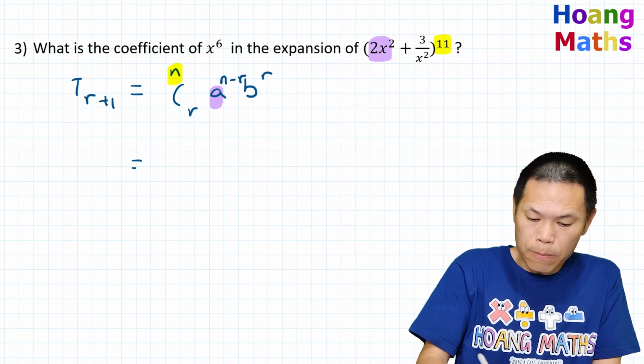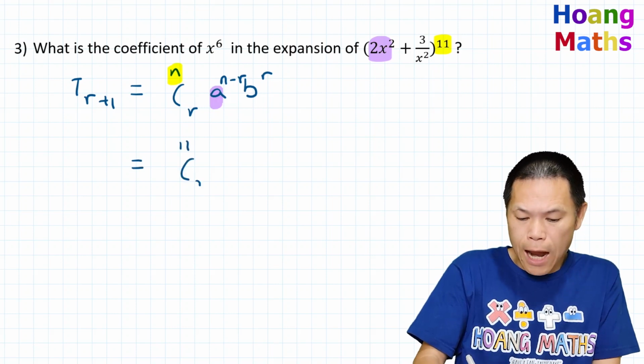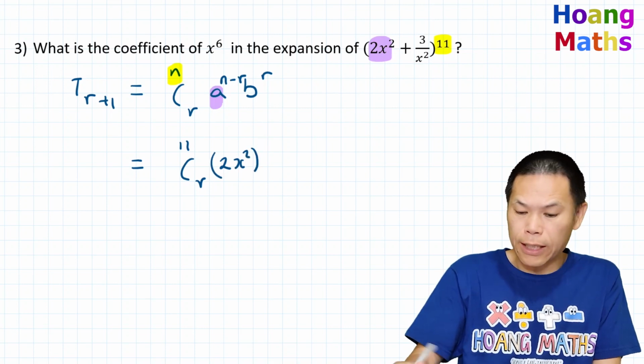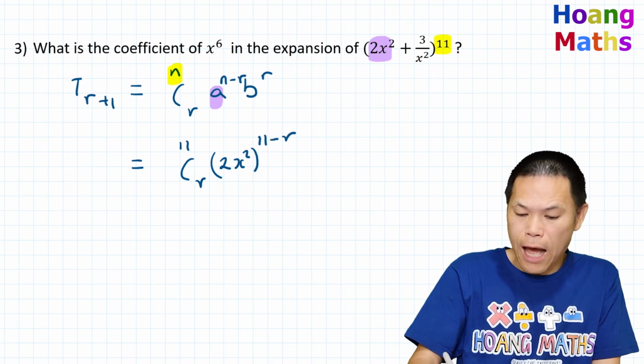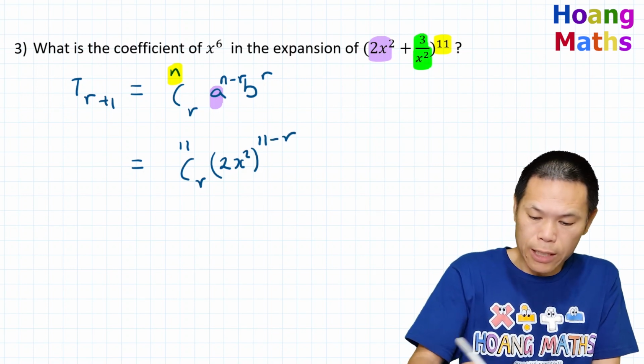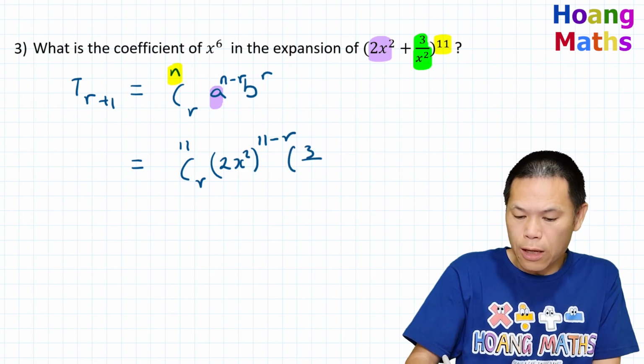So that will give me 11 C R, and a is 2x squared, power of 11 minus R, and b is this term here, so that is 3 over x squared, power of R.